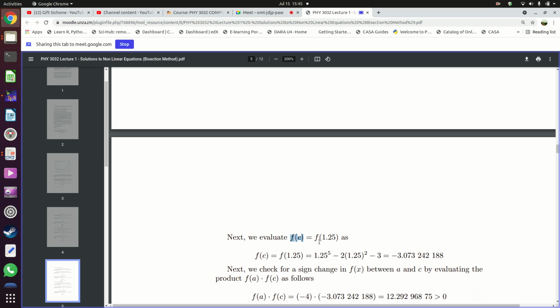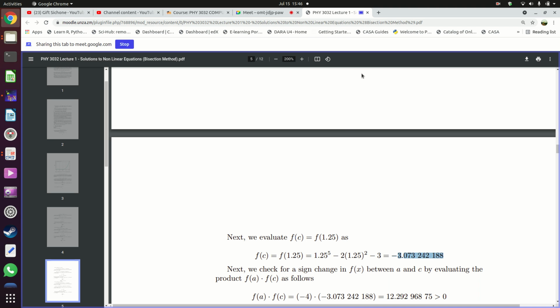So f of C is going to be equal to f of 1.25. So f of 1.25 is going to be equal to 1.25 to the power 5 minus 2 times 1.25 to the power 2 minus 3, and this is going to give you minus 3.073242188. The point here is that it's negative.